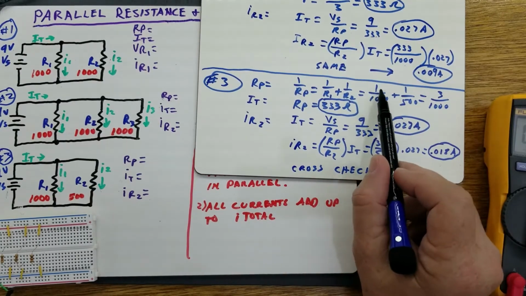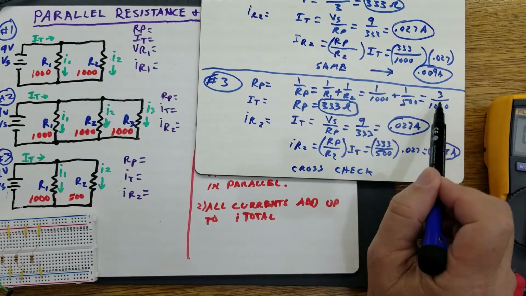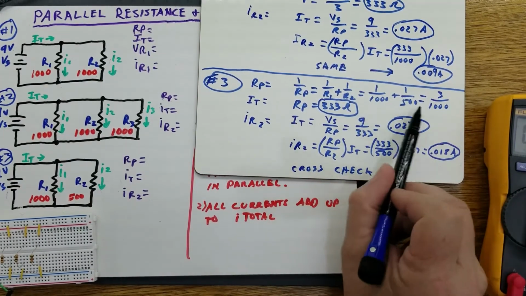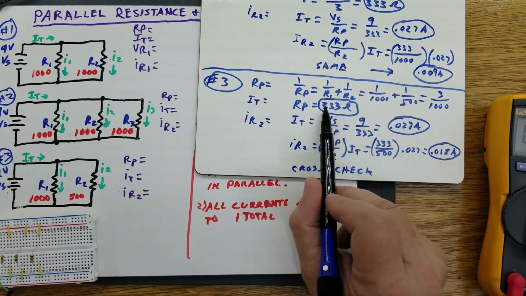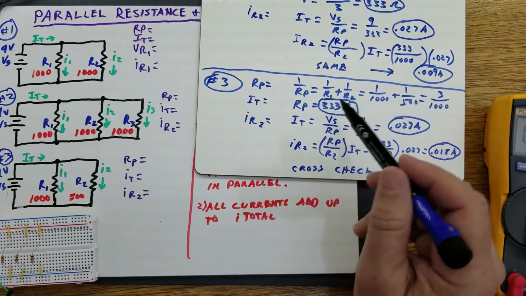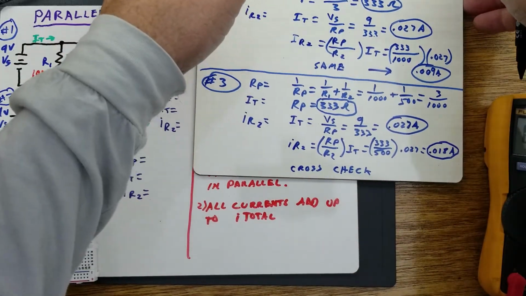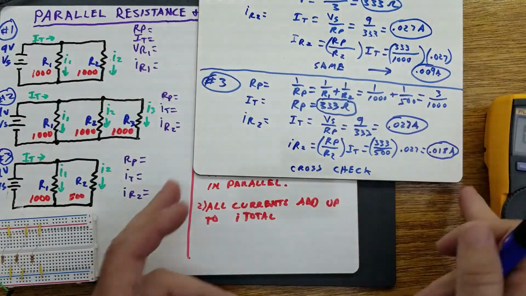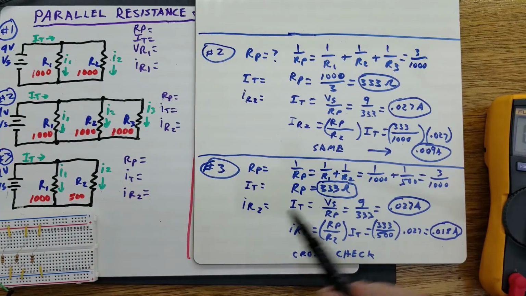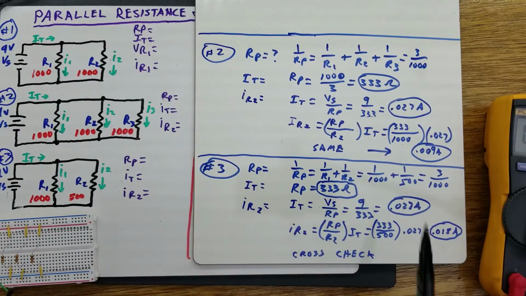So that's that. So we end up with 3 divided by 1,000. The reciprocal of that is 1,000 divided by 3, or 333 ohms. Interestingly, the parallel resistance of this circuit is the same as it was in the previous circuit because it just actually turned out that way.